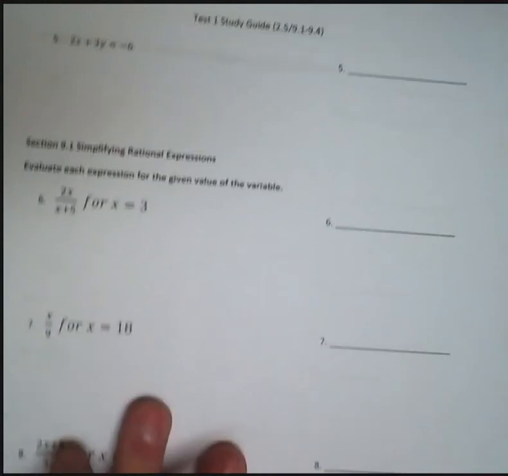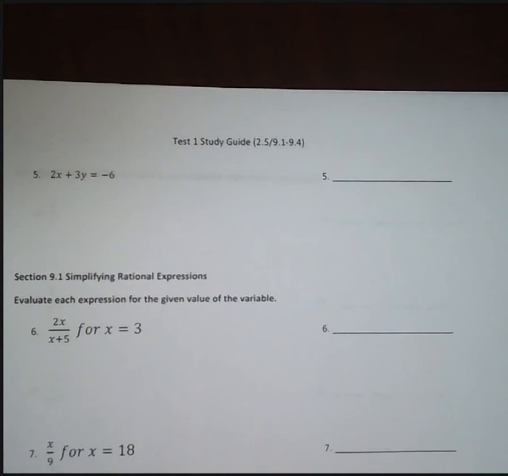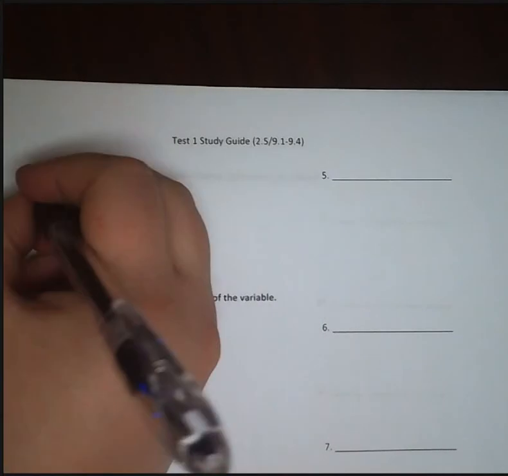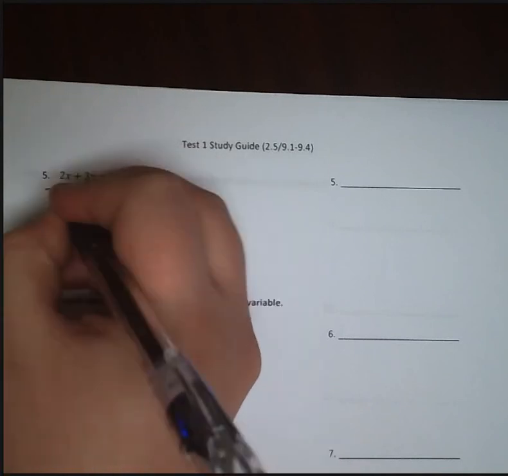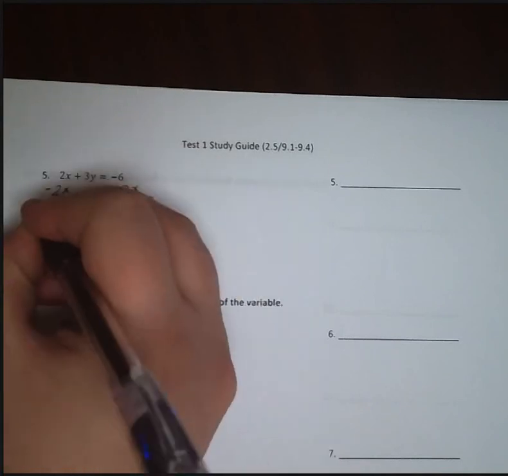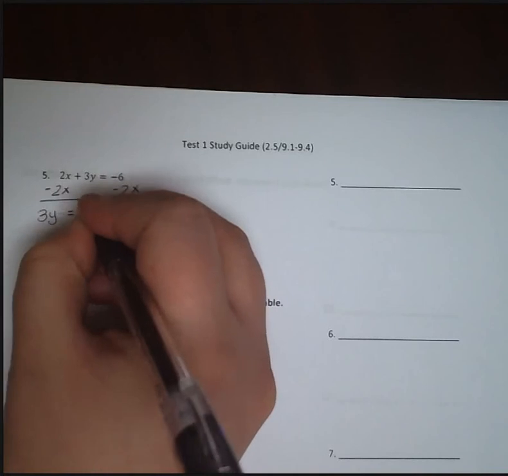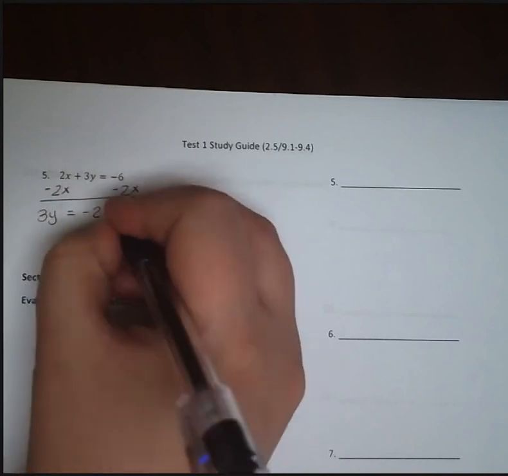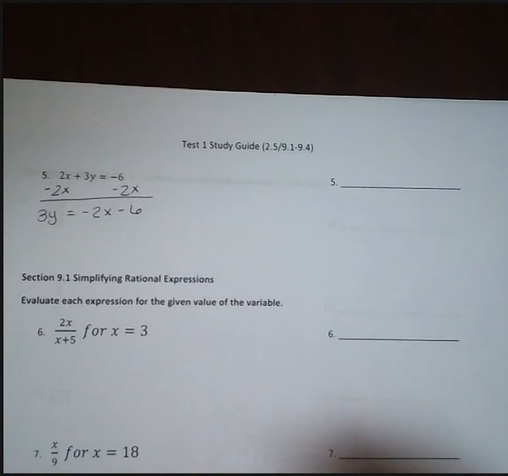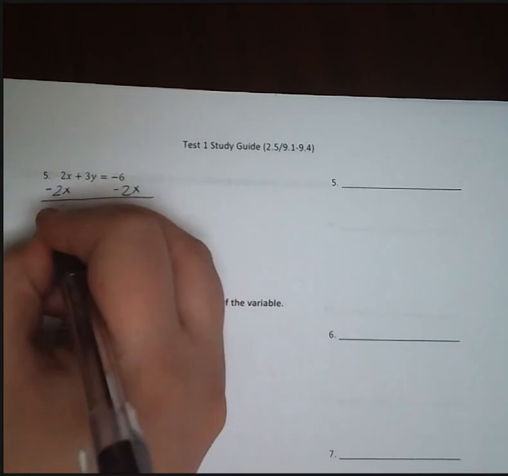So on number 5, same instructions. So the first thing I'm going to do is subtract my 2x from both sides. So I get 3y equals negative 2x. Remember, your x comes first, minus 6. Then we divide by 3.